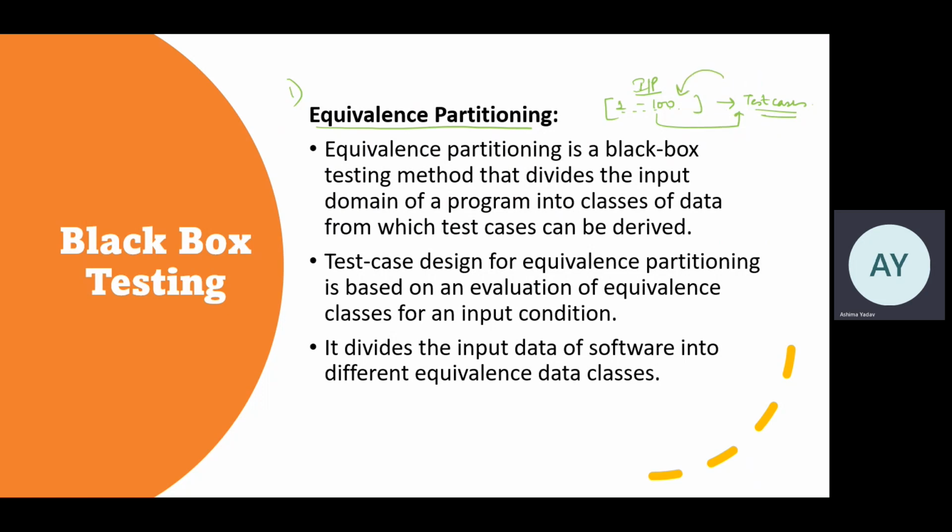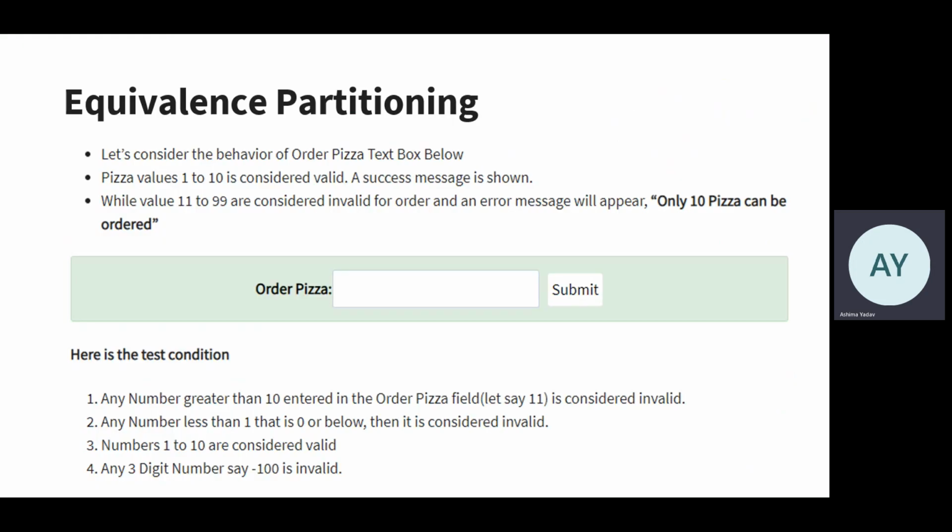Let's first look at an example, then it will be clearer. Let's say there is a text box where you need to define how many pizzas you want to order, and the value can only be 1 to 10, meaning at a time you can order a maximum of 10 pizzas. Values from 11 to 99 are considered invalid, and an error message will pop up. So the valid input here is 1 to 10 only.